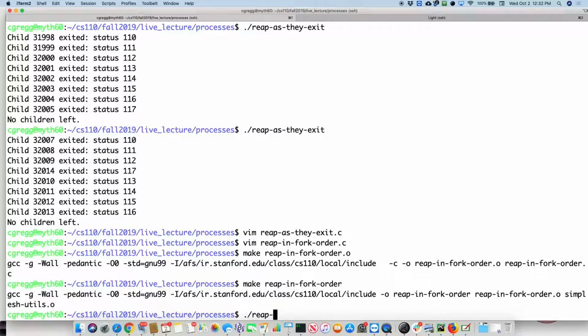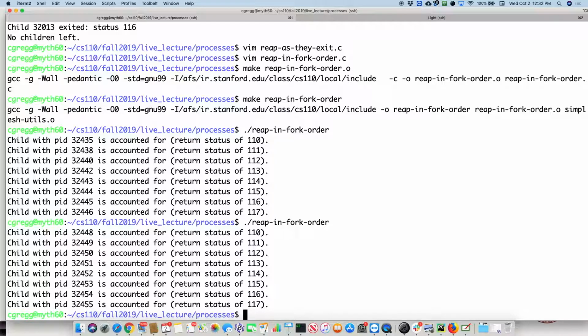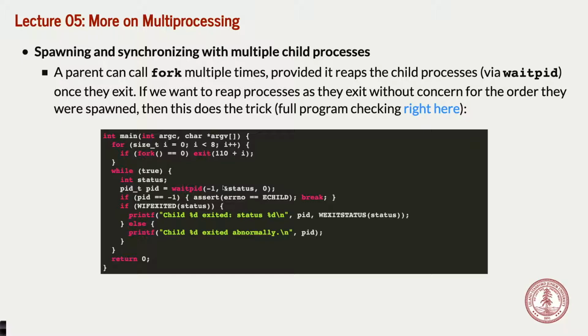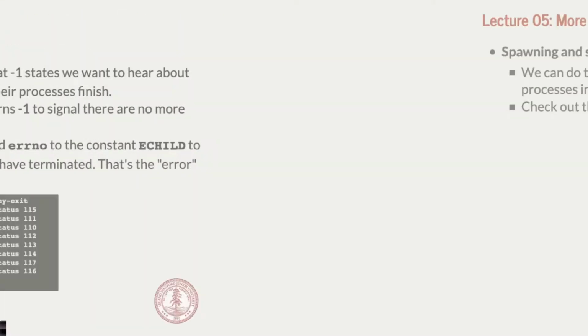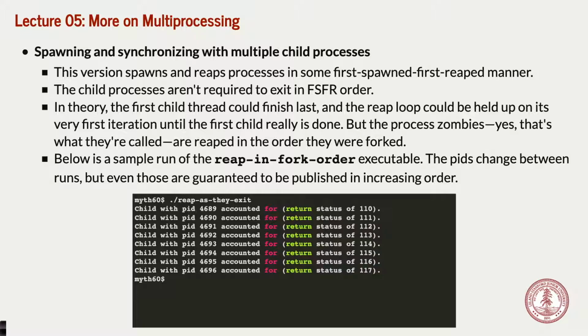There we go. reap_in_fork_order: 110, 111, 112, 113, 114, 115, 116, 117, and it will always be in that order, because we've now said wait for the first one by PID, wait for the second one by PID, etc. So we now get the result always in order.